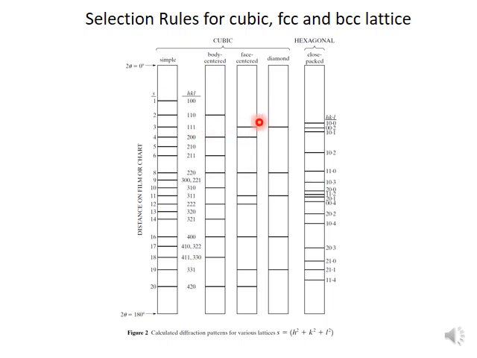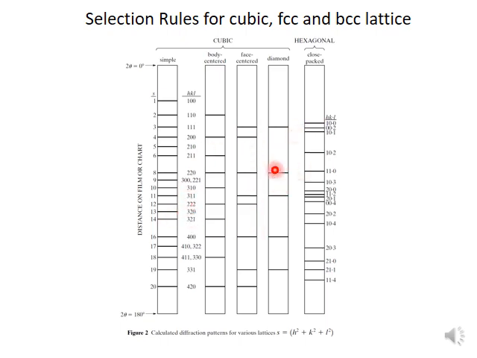One can go on and do a similar calculation for diamond and hexagonal structure, and you would find out other selection rules. These are called selection rules because you select only a specific set of lattice planes and not the others.